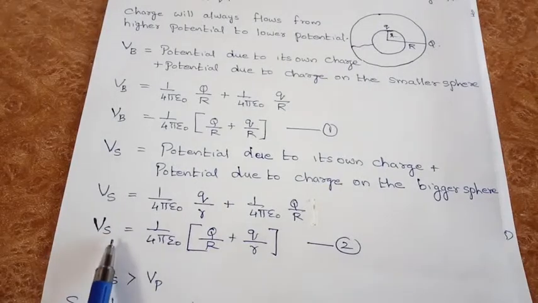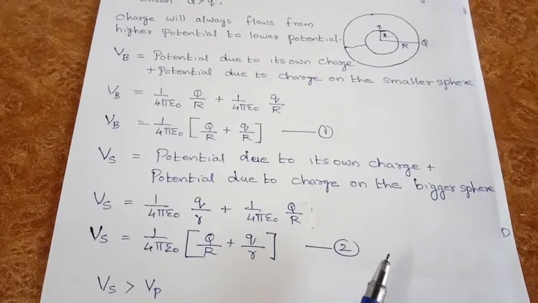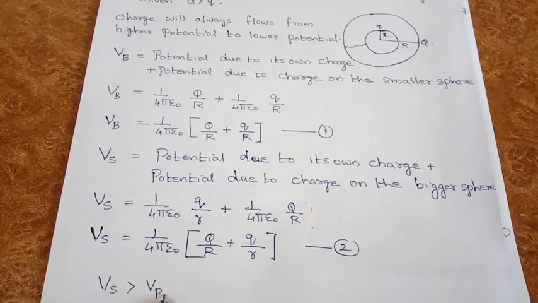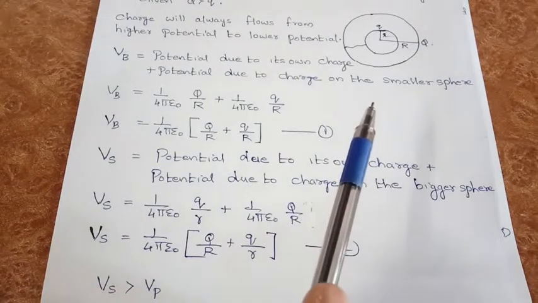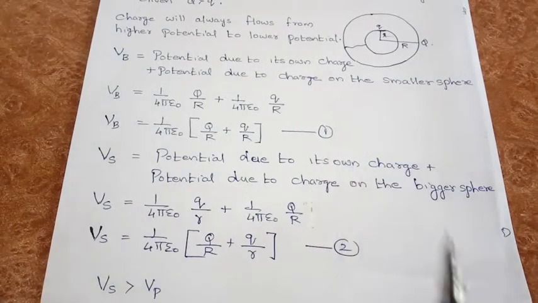So that means in this particular situation, the potential of the smaller sphere is bigger than the potential of the bigger sphere, no matter what the charge given. The charge given on the smaller sphere is small, the charge given on the bigger sphere is more, but irrespective of the charge given, if the spheres are arranged concentrically like this, the potential of the inner sphere will be more than the potential of the outer sphere.